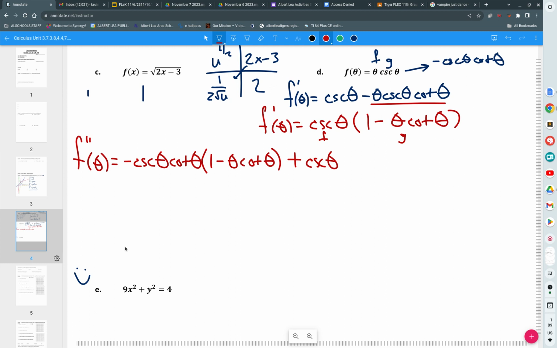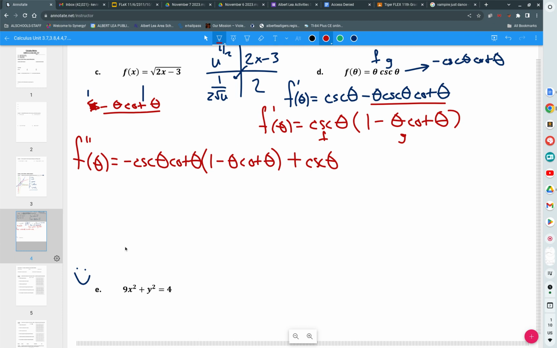And so I'm going to use just a little bit of space right here for 1 minus theta cotangent of theta. So what is the derivative of 1? 0. So you can see that that's going to go away for us. So now what rule do I have to use there? The product rule. What's the derivative of negative theta?